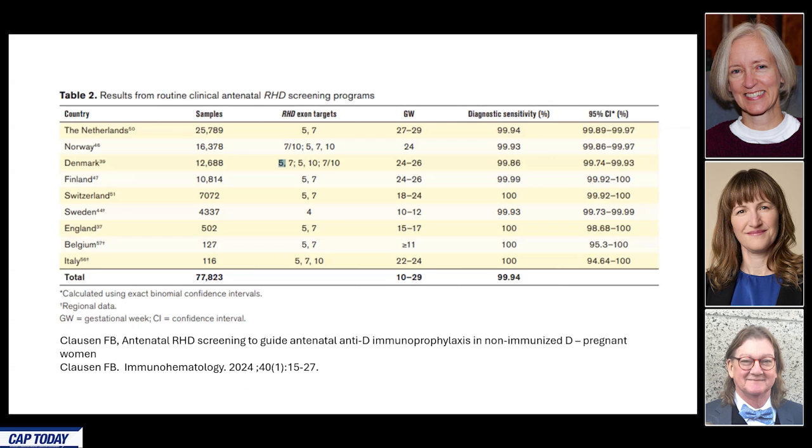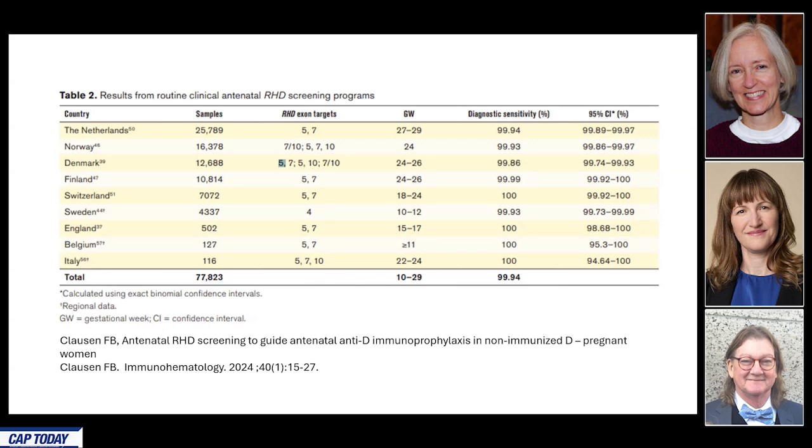And here's a study showing us a little bit about how sensitive it is. Again, here's a list of countries that have large regional or national programs, and you can see that they have very different approaches. These are the RhD gene exon targets used in the various programs, and you can see they range from 1 to 4 exons. So really different testing approaches.